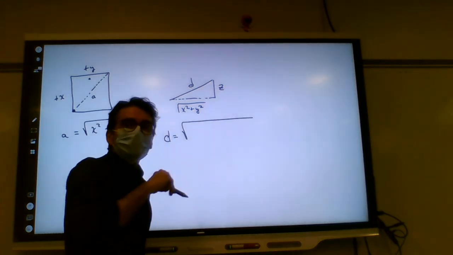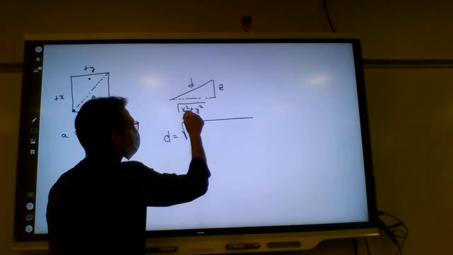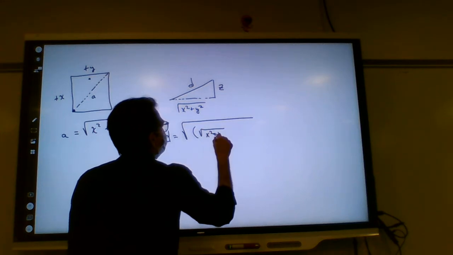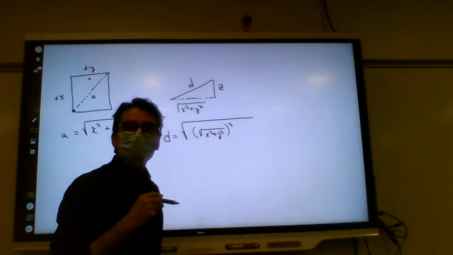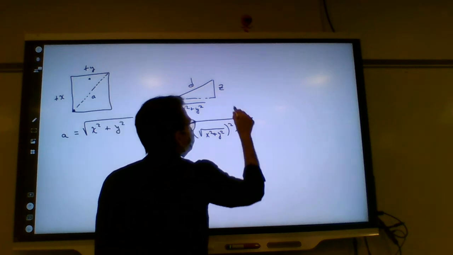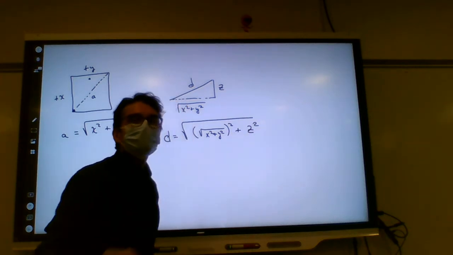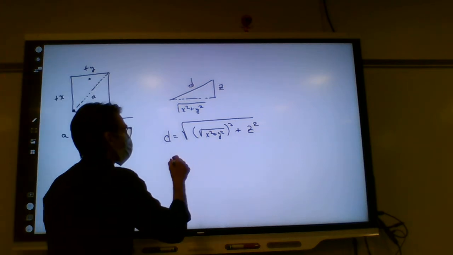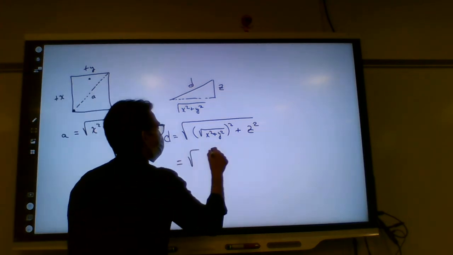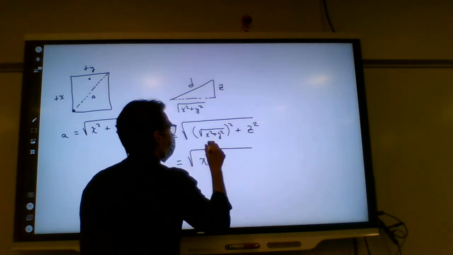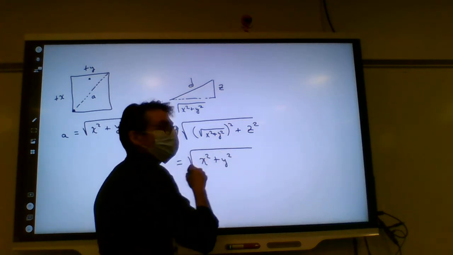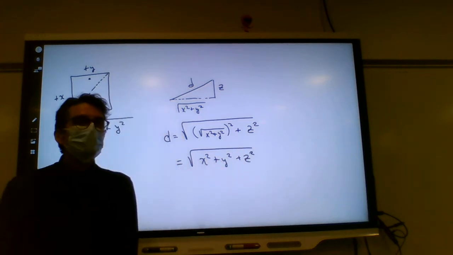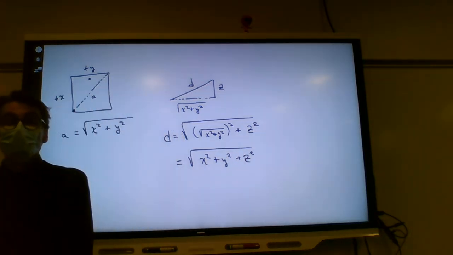It's going to be the square root of this thing squared plus the height squared. Well, what happens when you square a square root? It's just x squared plus y squared plus z squared. Make sense?